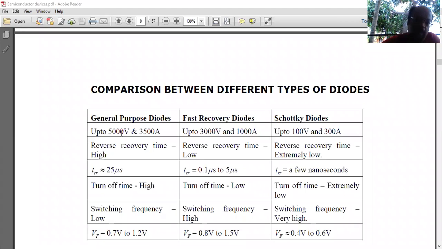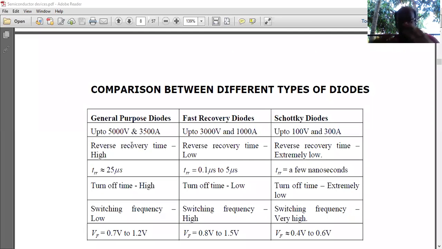General purpose diode up to 5,000 volt, 6,500 amperes is good. But if you see the reverse recovery time, it is almost equal to 25 microseconds. If you allow this much reverse recovery time, automatically it will lead to a very high loss. So we cannot operate this general purpose diode at a very high switching frequency, because switching frequency decides how much power has to be transferred.